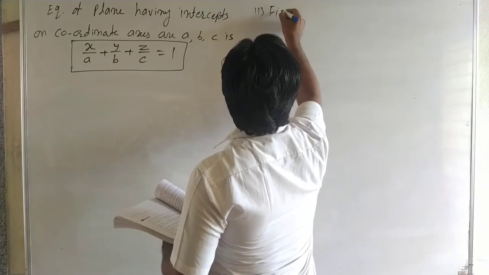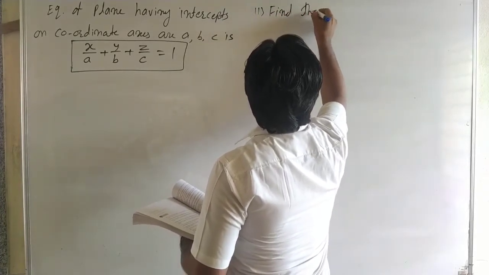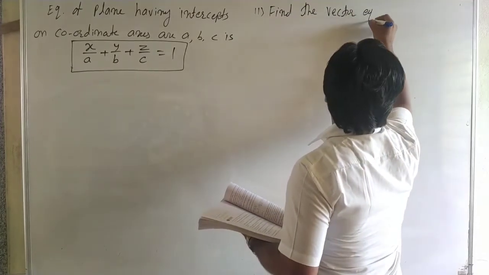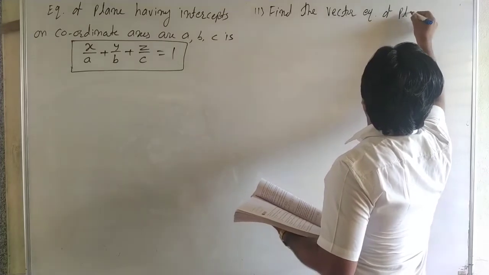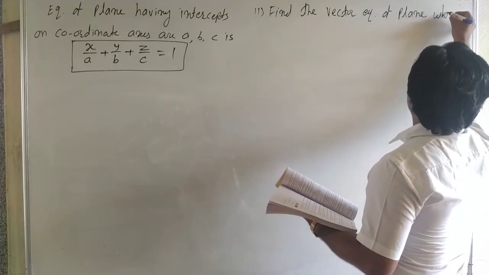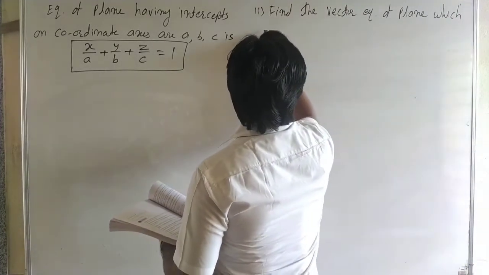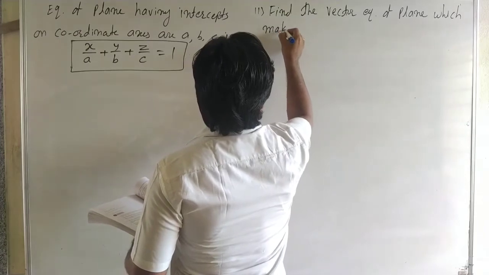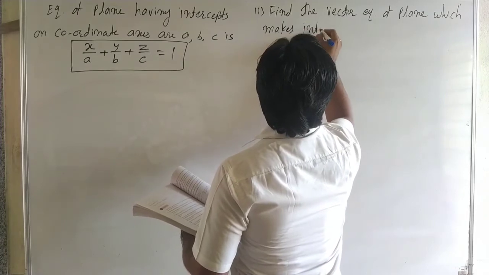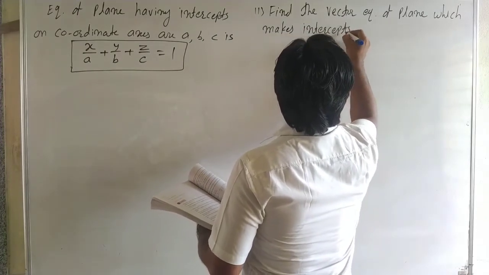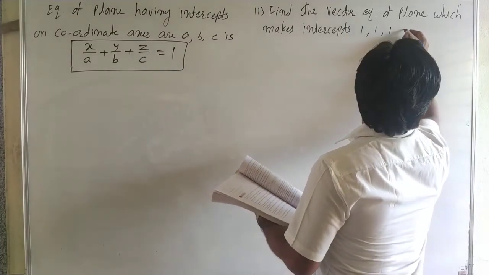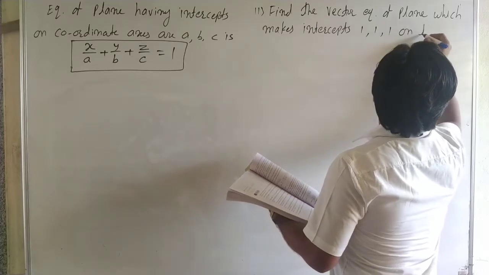Find the vector equation of plane which makes intercepts 1, 1 and 1 on the coordinate axis.